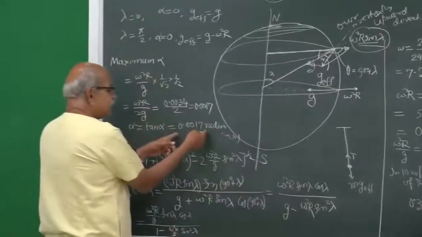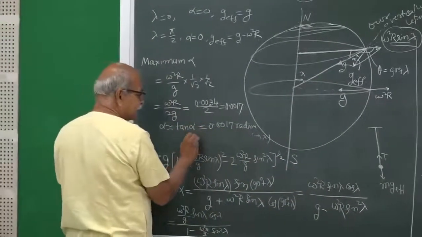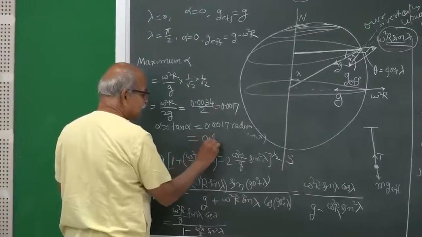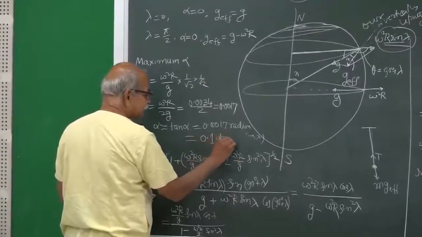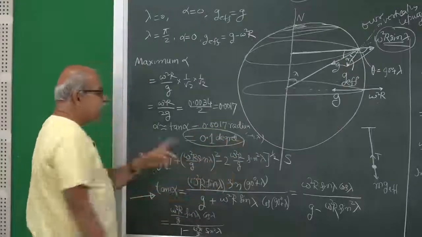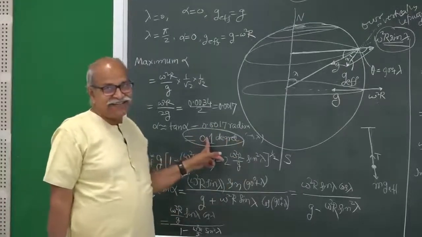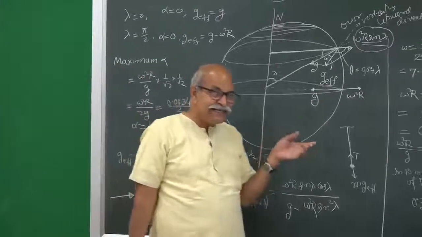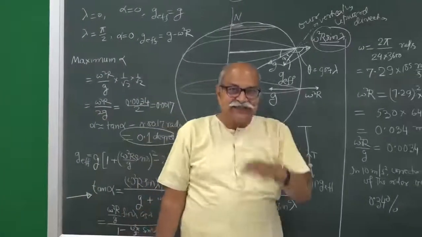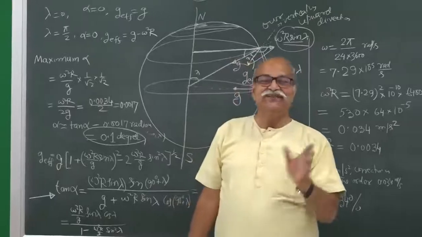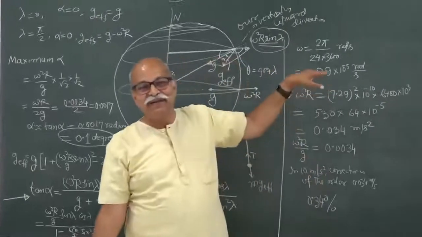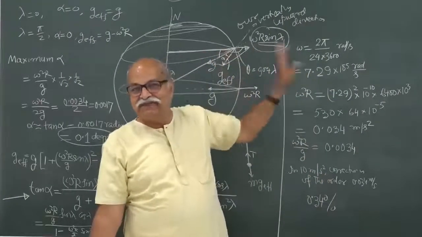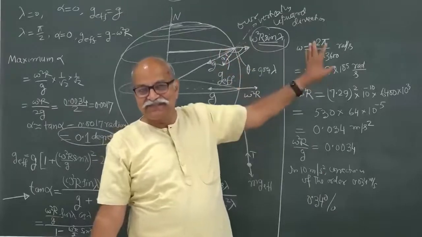Multiplied by 57, that number will be something like 0.1 degree. So, this is the maximum deviation, 0.1 degree, 1/10 of a degree, which occurs where lambda is almost 45 degrees.